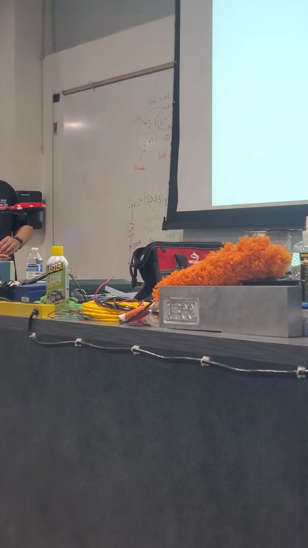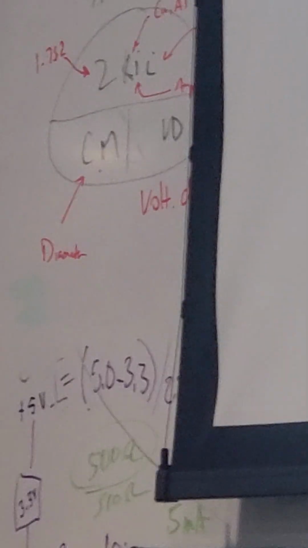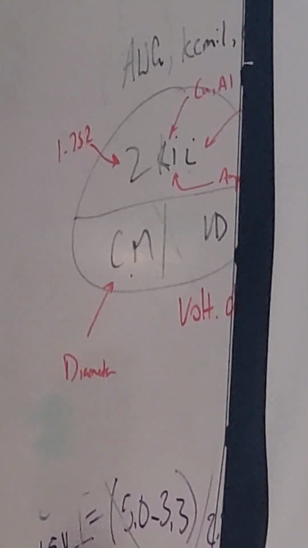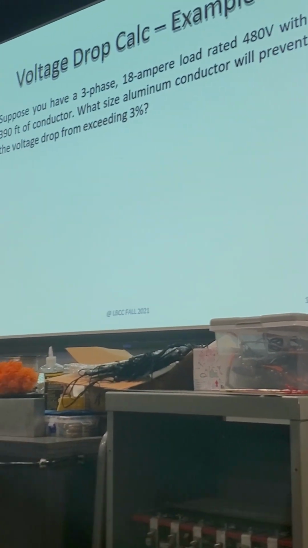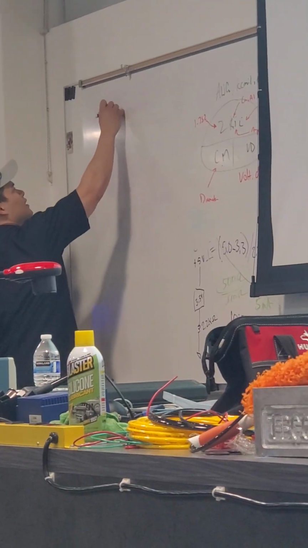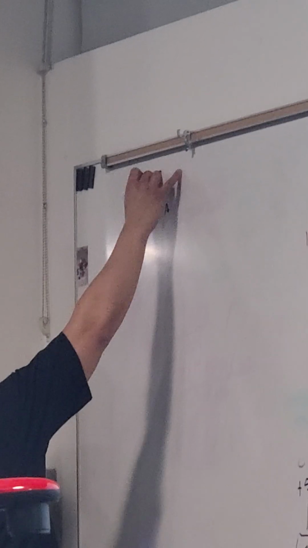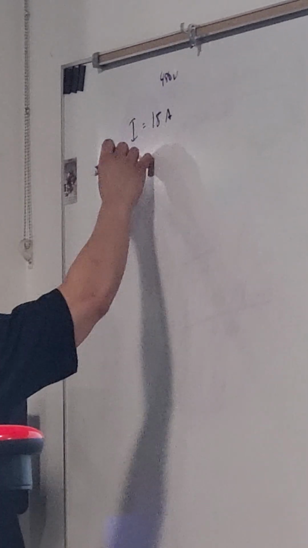What size aluminum conductor? Ooh, it's not copper, it's aluminum, right? Will prevent the voltage drop from exceeding 3%. So the way they ask this is obviously a little more convoluted, but nothing's going to get past this here. So let's start with what we know. 3-phase, current is equal to 18 amps. 480 volts, I'll write that at the top. 390 feet.